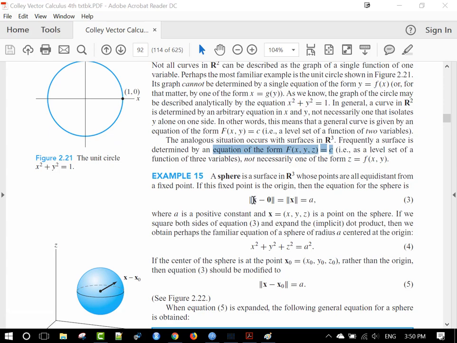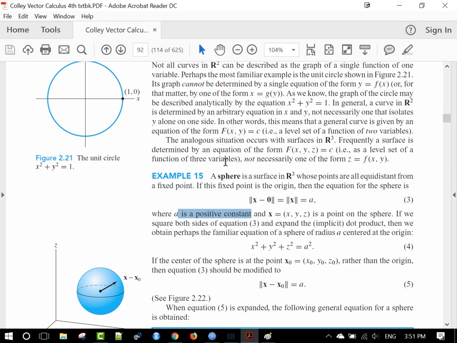Remember this means the distance from x to 0, and of course you can rewrite it like this. So the distance from x to 0 is a. The set of all points whose distance from the origin is a is a sphere around the origin, where a needs to be a positive constant. Otherwise you won't get anything.